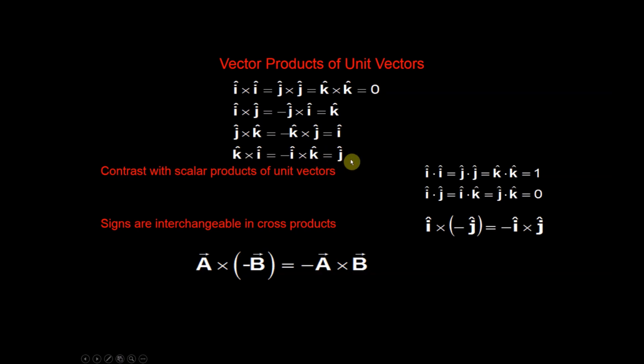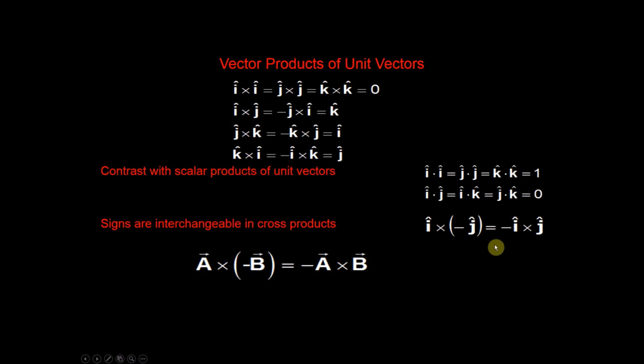K cross I gives us J, J cross K gives us I. But any unit vector in any one axis that you take the cross product with of a vector in the same axis will give you 0. And here's the contrast with the case of the dot product. The signs are interchangeable in our cross products also.